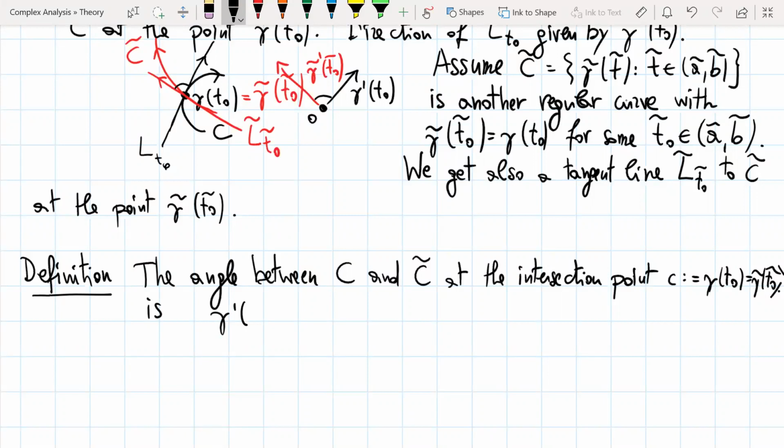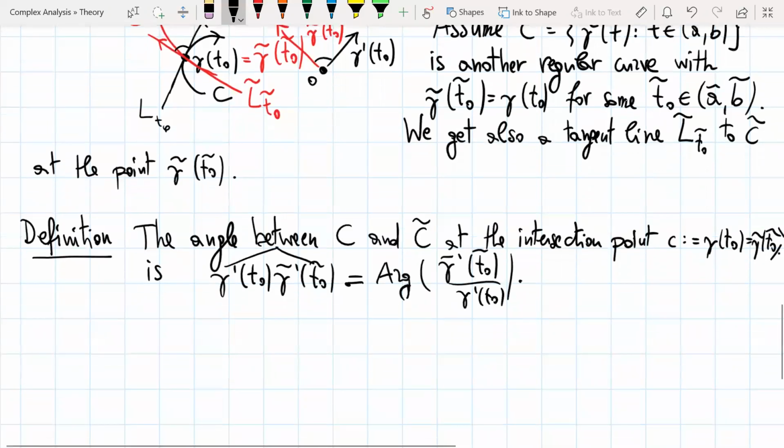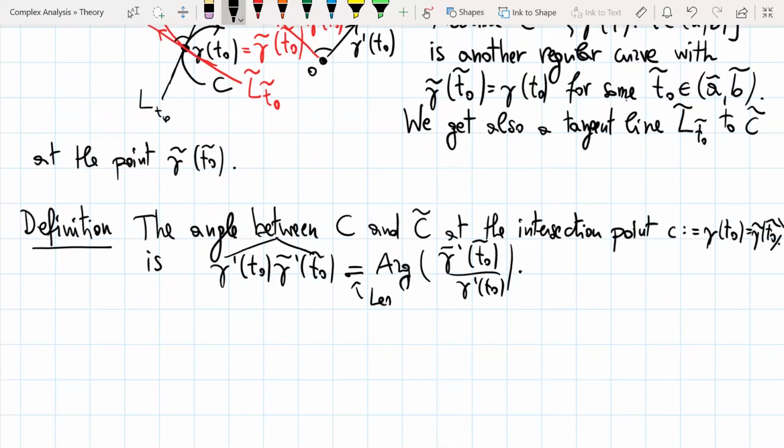So this is the angle between gamma prime(t0) and gamma tilde prime(t0 tilde). This is the notation we saw before. Now, this is in particular equal to the argument of gamma tilde prime(t0 tilde) over gamma prime(t0). Okay, so this is what we showed in the lemma.